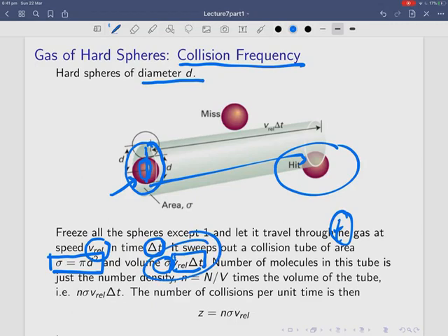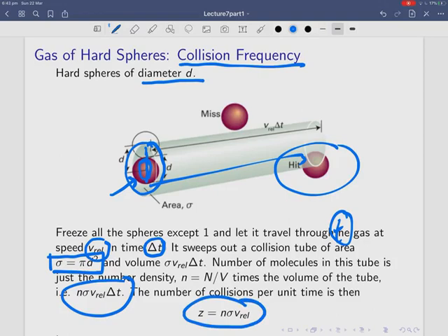The number of molecules in this tube is just the number density, which we know about, times the volume of the tube. So the number of molecules which are going to be hit in the time delta t is just that, and the number of collisions per unit time is just that divided by delta t.